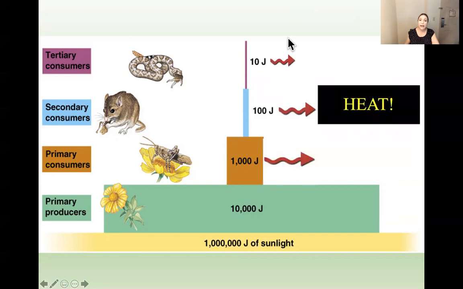Okay, now the energy is lost as heat. Anytime energy goes from one object or living organism to another, most of it is lost as heat. Think about it this way. Let's say you eat, I don't know, pasta, right?